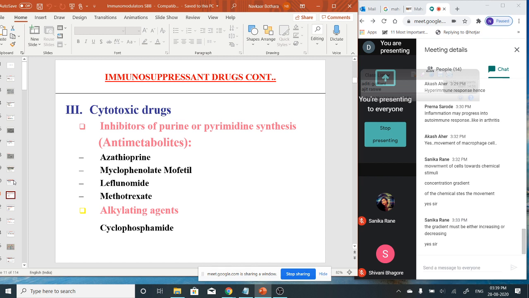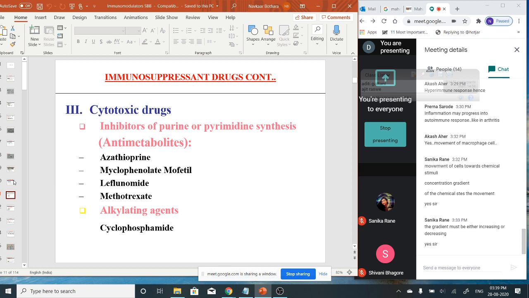Then cytotoxic drugs. Now why you want to have cytotoxic drugs, that again we'll discuss. If there are too many WBCs, participating too much and doing too much job, then it is a problem. We have seen that their differentiation is increasing during the immune mechanism.